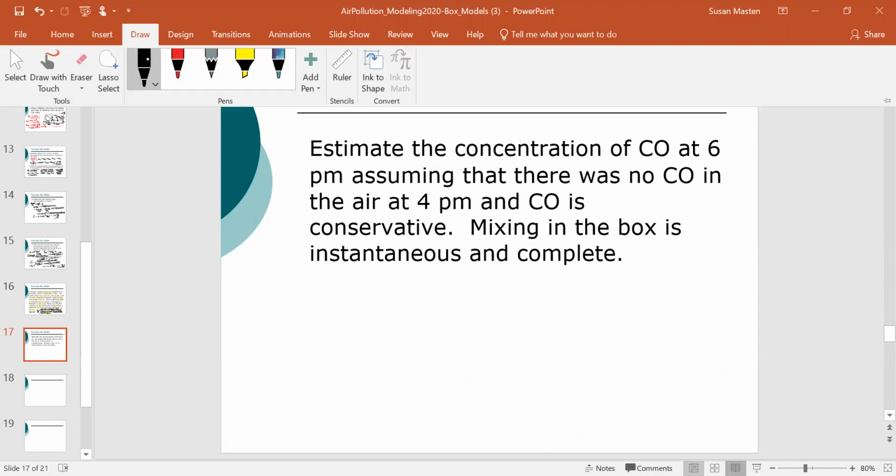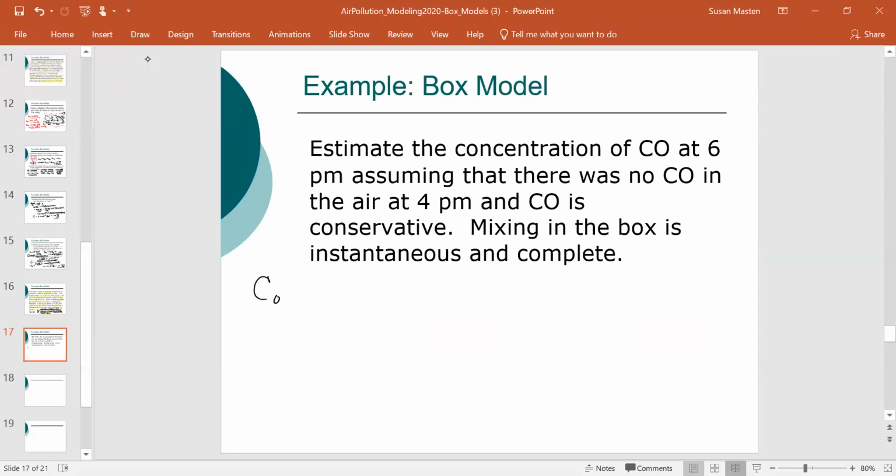And what you're asked to do is to estimate the concentration of carbon monoxide at 6 p.m., assuming that there's no carbon monoxide in the air. So C naught is equal to 0, K is equal to 0, and we also said that B is equal to 0.